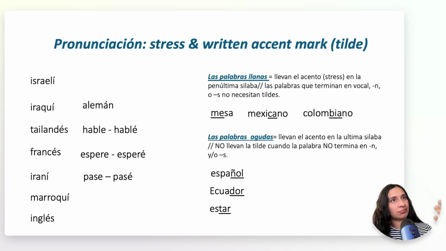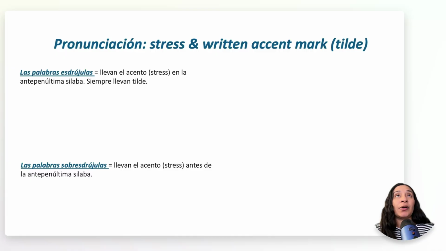Go, come, or come in, come on in. Pasé, I passed. Okay, so yeah, we need these rules. We need to know what these tildes are for.